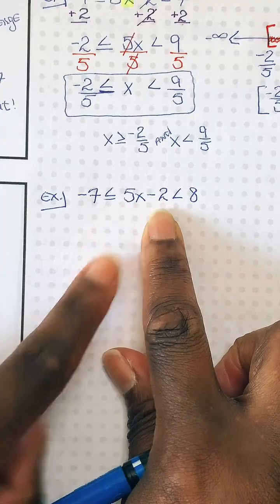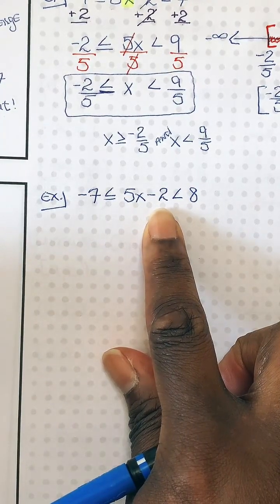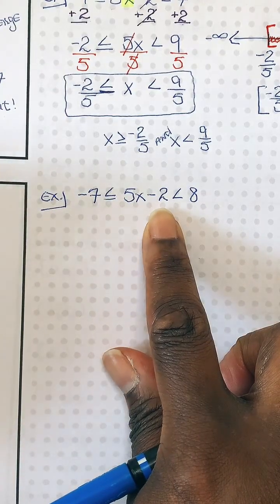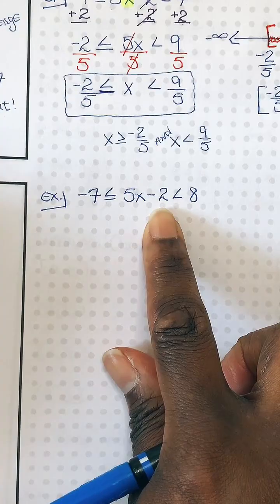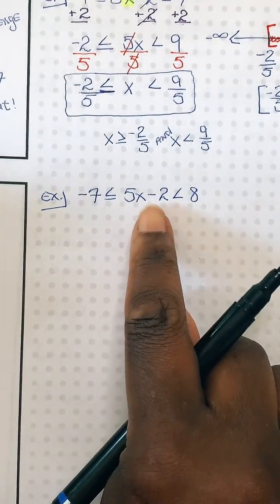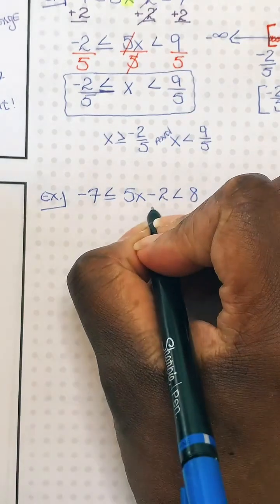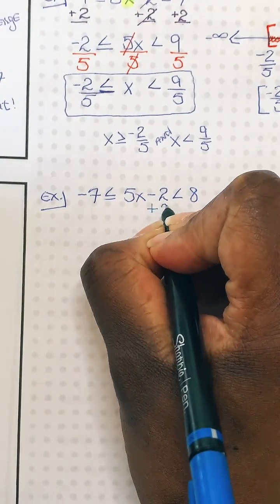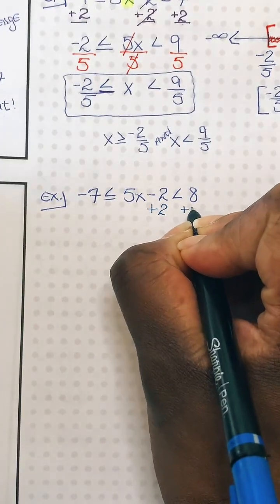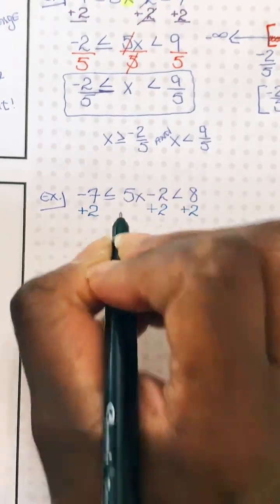All right. So Lisa, what are we going to do with the 2 on both sides? Travis, what are we doing with the 2, guys? I'm seeing the 2. What are we doing with it? Yes, add, not subtract. Always do the opposite. Plus 2, good. So we're going to add 2 on all 3 parts.